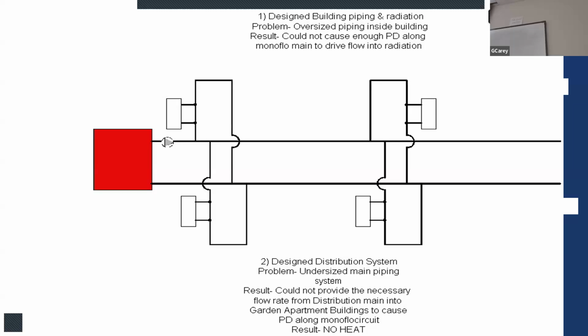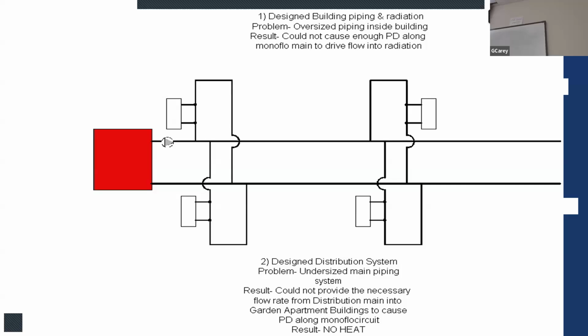And the problem was when they turned the system on, when they were going to commission it right at the end of the summer, getting ready for the heating season, they had the boiler plant running fine. They had hot water flowing through the mains. They had hot water flowing into the buildings, and they had no heat at all at the convectors, all of the terminal units in all of the garden-style apartment buildings.